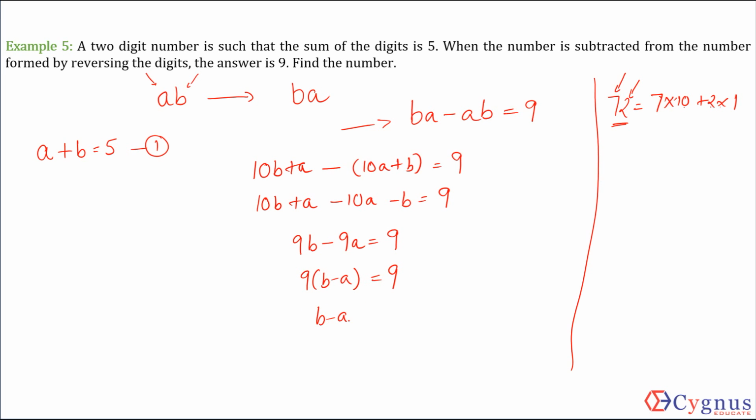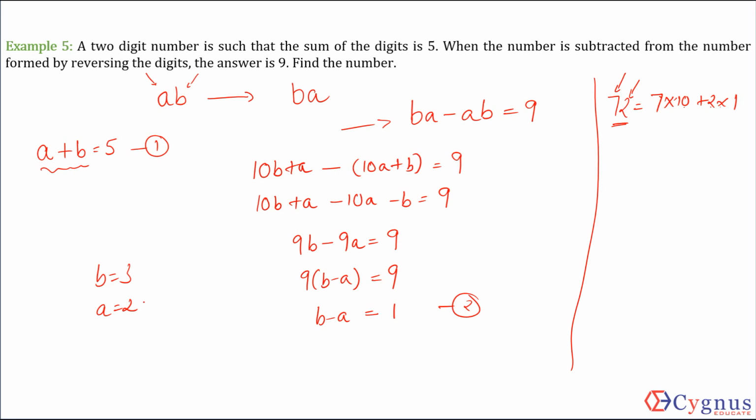That means the value of B minus A will become how much? It becomes 1. And we also know that their sum is how much? 5. So these are two equations and two variables. After solving this, you'll get B is equal to 3 and A is equal to 2.